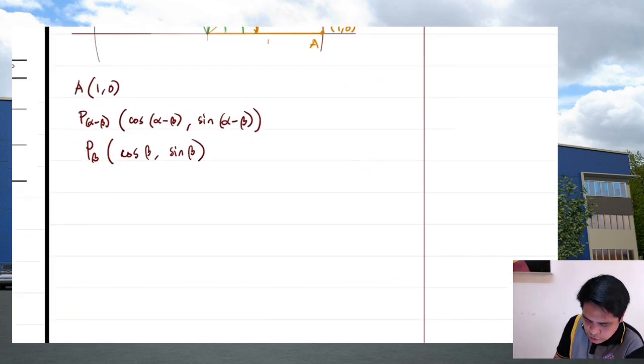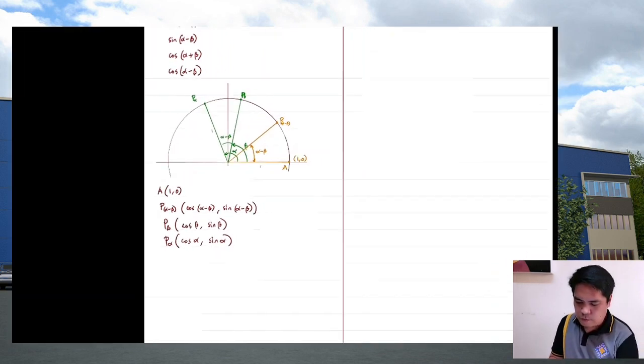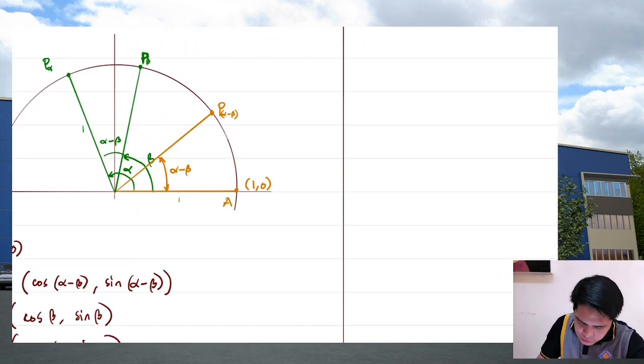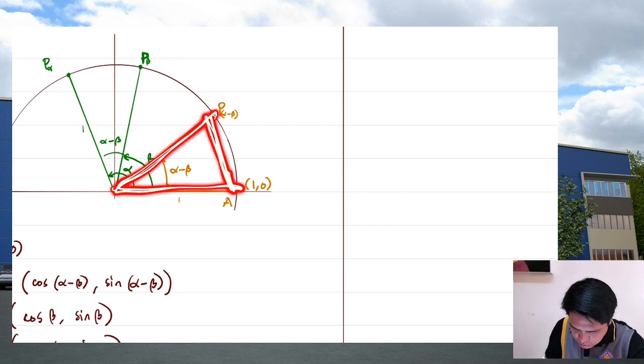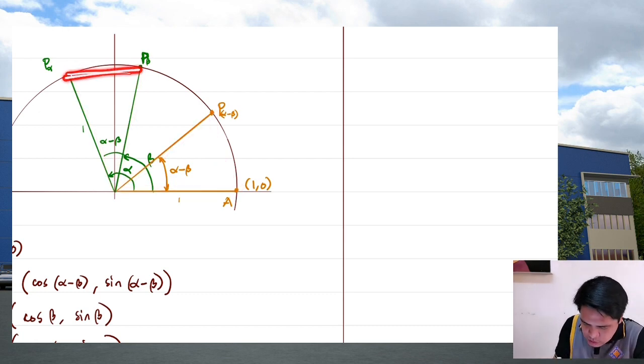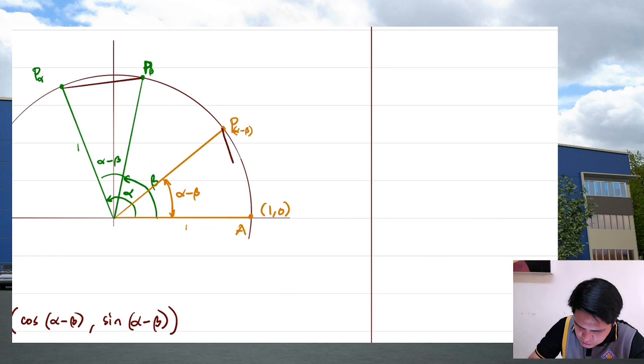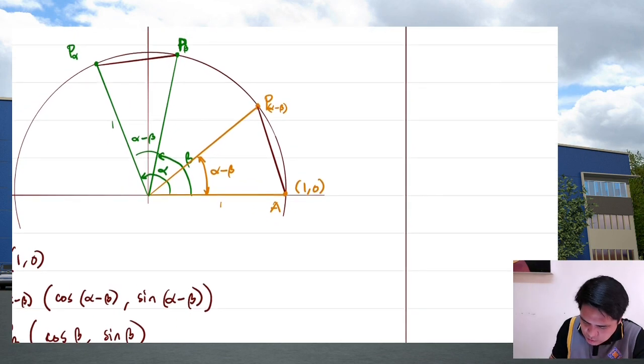So, it's alpha. Simply, it's P sub alpha with coordinates cosine alpha, sine alpha. Now, if this triangle is just this triangle na nirelocate lang natin, that means this side is equal to this side. So, this side is the same as this side.